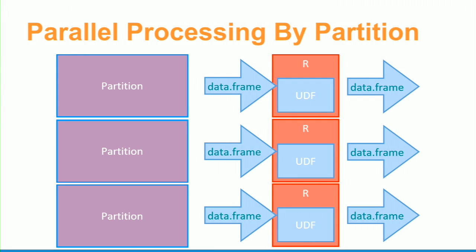The way this works is similar to map partition, except that this is automatically done for you. Each partition you have gets automatically serialized into the R native data.frame, sent across the wire to the R process, to your UDF, and they execute, and then we expect to get back a data.frame, which gets serialized back to the JVM process. All that happens in parallel.